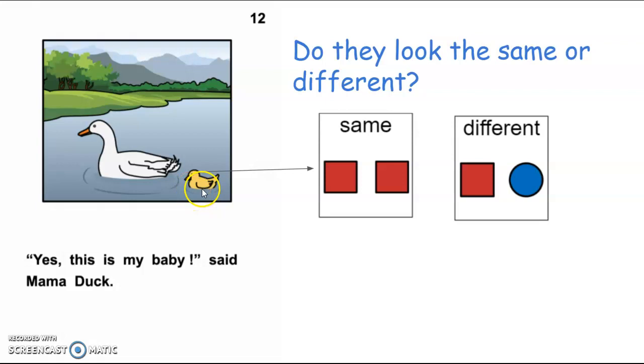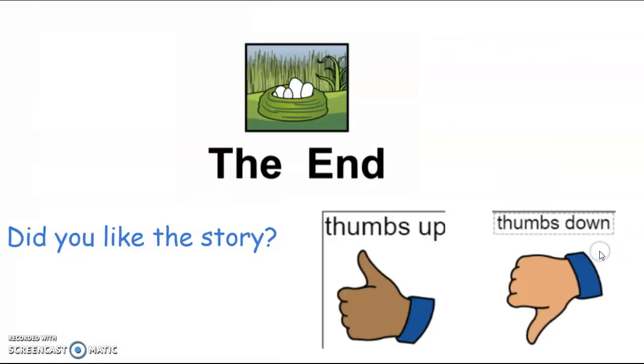They both have two legs that you can't see. They both have feathers. They can swim. In more ways, they are the same. And that is the end. Did you like the story? If you liked the story, give me a thumbs up. If you did not like the story, give a thumbs down.